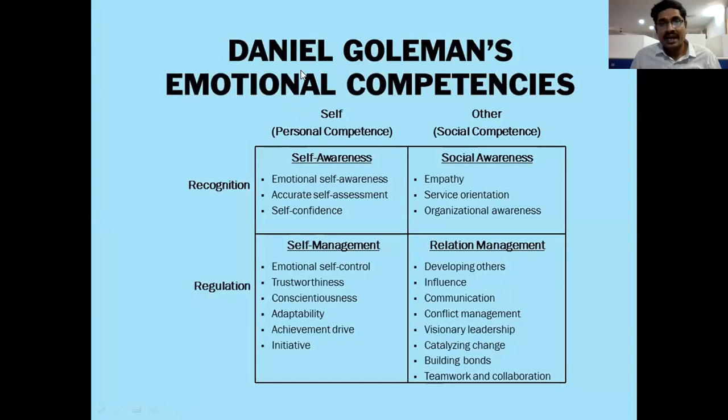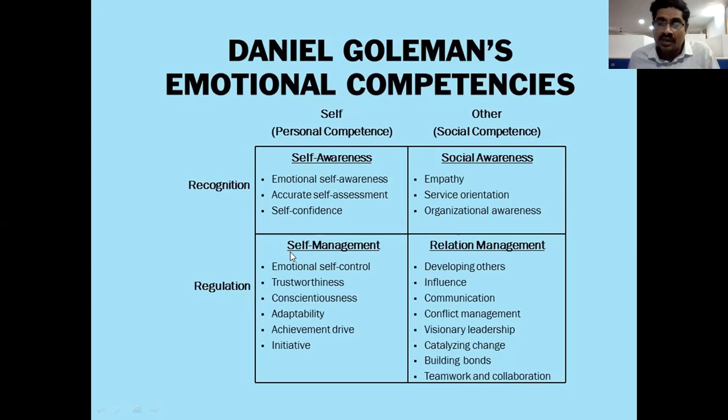So this is Daniel Goleman's emotional competencies model, right? Here we have 2 types of skills: personal skills and social skills. And we need 2 types of functions: recognition and regulation. So regulating personal skills is used for self-management.